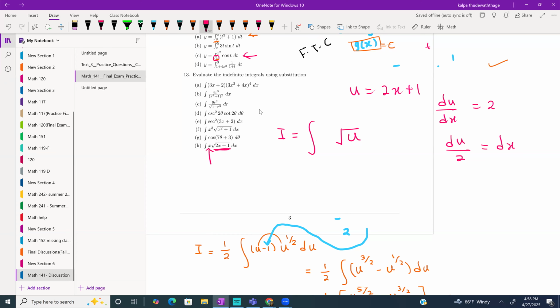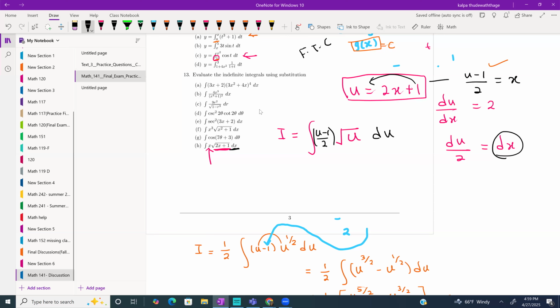What is x really? So you have to replace x with this again. So x is, if you use that, u minus 1 over 2. That's your x. And dx, you have to replace as well. It's really du over 2.